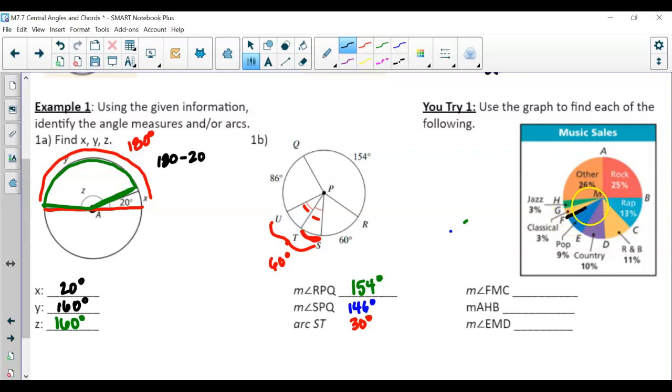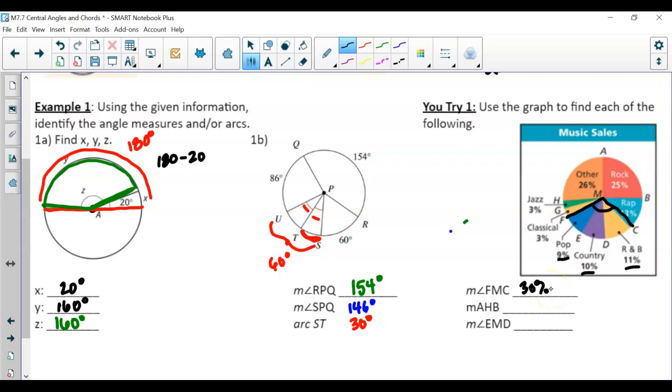So FMC. So notice how we have these three sections, right? The 9%, 10%, 11%, which is 30% of the circle.